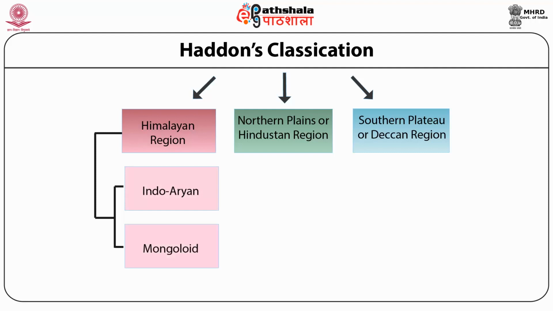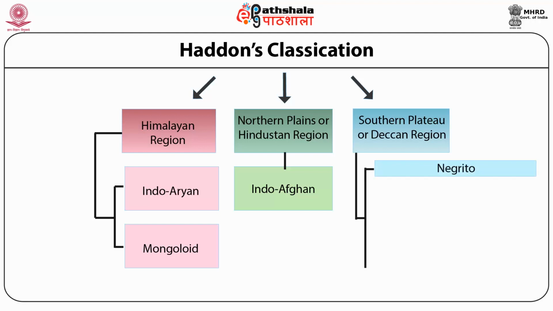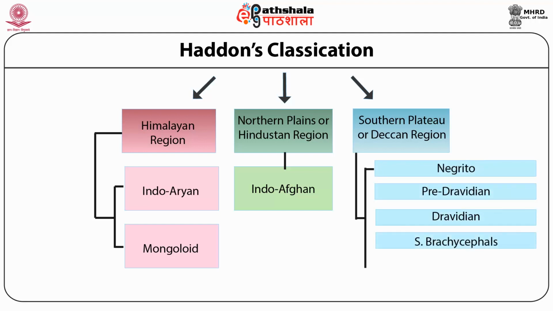The Northern Plains or Hindustan region is another category, Indo-Afghan, whereas the Southern Plateau or Deccan region is subdivided into Negrito, Pre-Dravidian, Dravidian, Southern Brachycephals and Western Brachycephals. The main drawback of Haddon's classification was that he did not mention anything about the pre-Aryans of India.